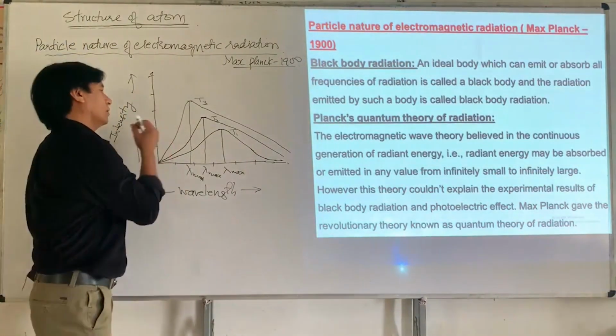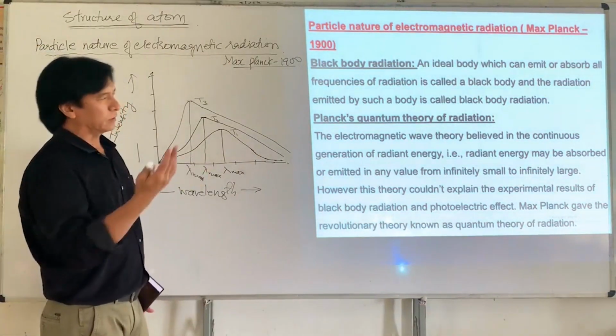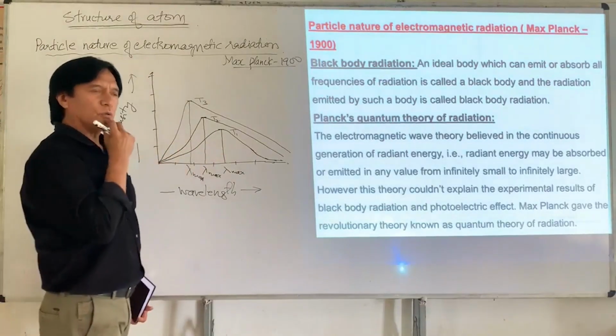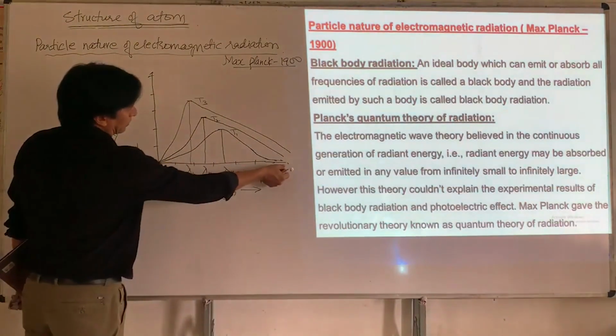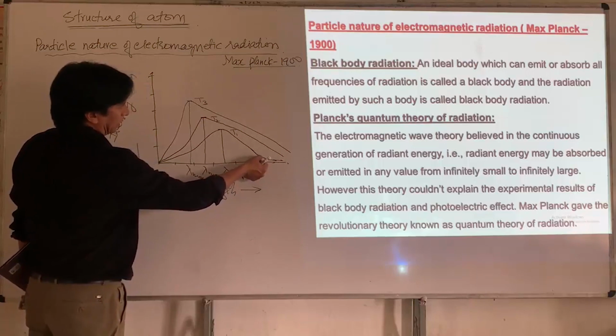So this is something difficult to explain. Now, if you go according to theoretical calculations using the energy relation E is equal to h nu, the graph will not be like this. With decrease in the wavelength, you will see that intensity increases.